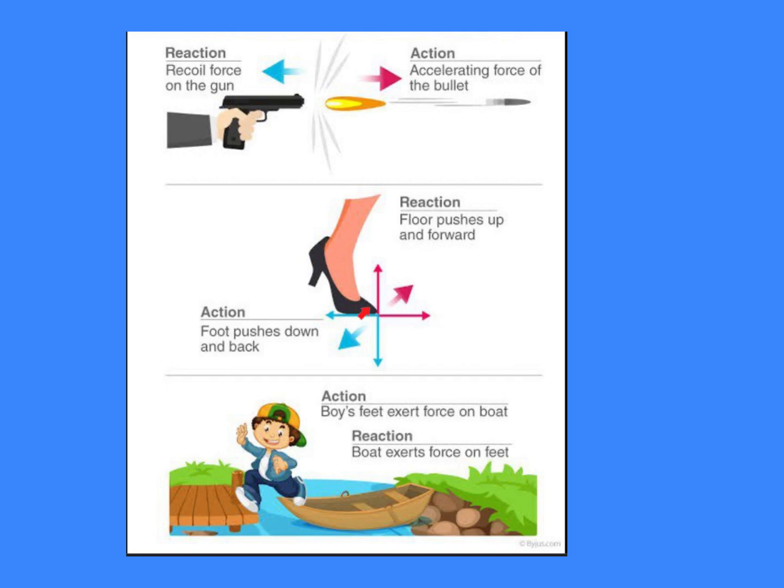Okay. When you walk, how can you walk? Your foot, well, indeed it pushes down and back, but let's say that it pushes back. So you make a force on the floor. This is the floor.